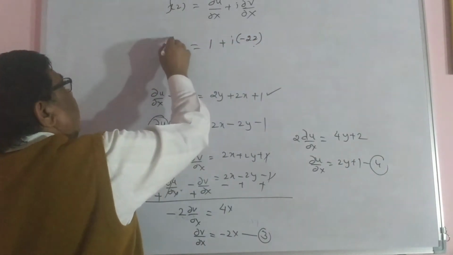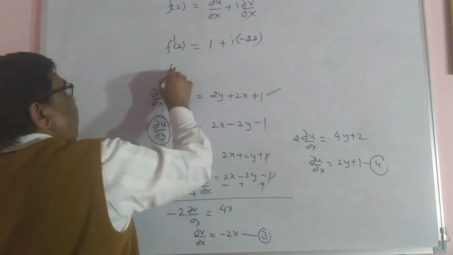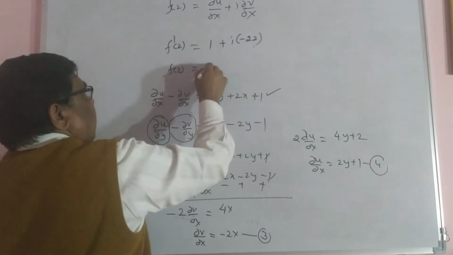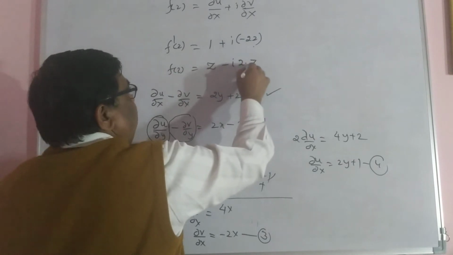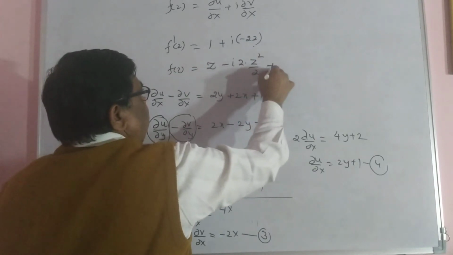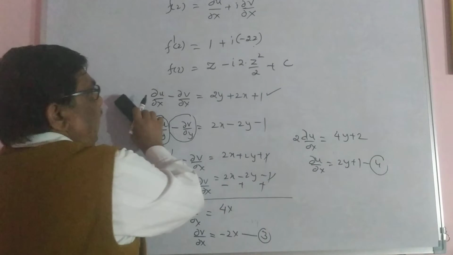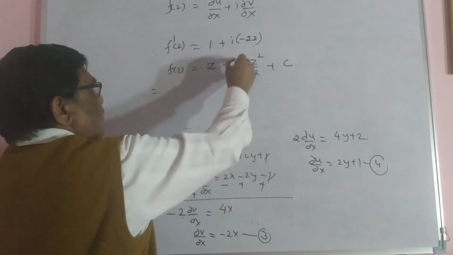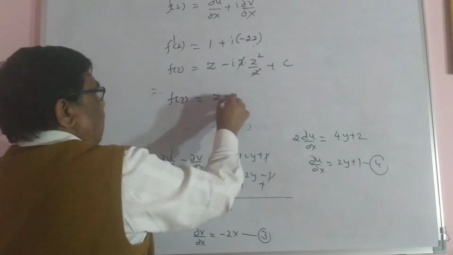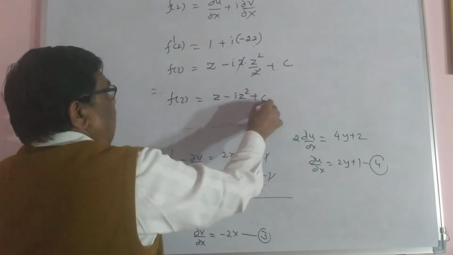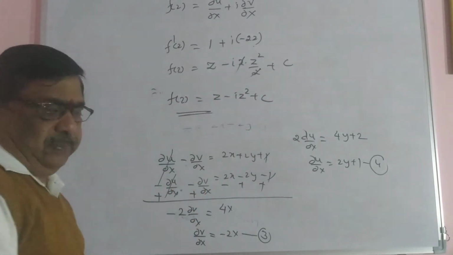It is f'(z). Integration: f(z) equal to integration of 1 is z, minus i times 2, z integration is z²/2, plus integration constant c. Therefore, this 2 cancels, and f(z) equal to z minus i z² plus c. This is the analytic function.